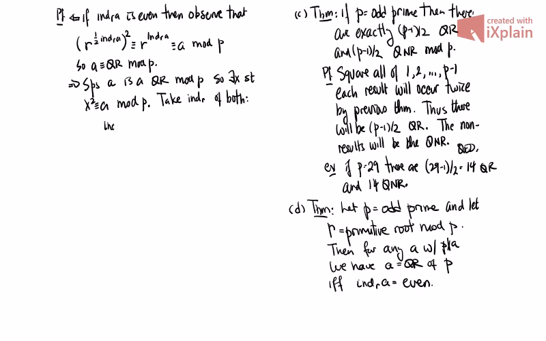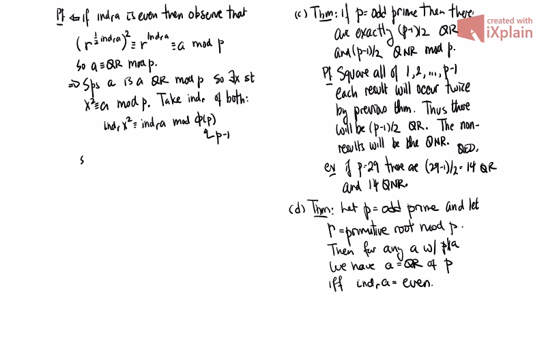Now remember, when we take the index of both sides, the modulus changes to phi of the modulus. So this becomes phi of P, but phi of P we know is P minus 1. For a prime number, that's what it is, right?